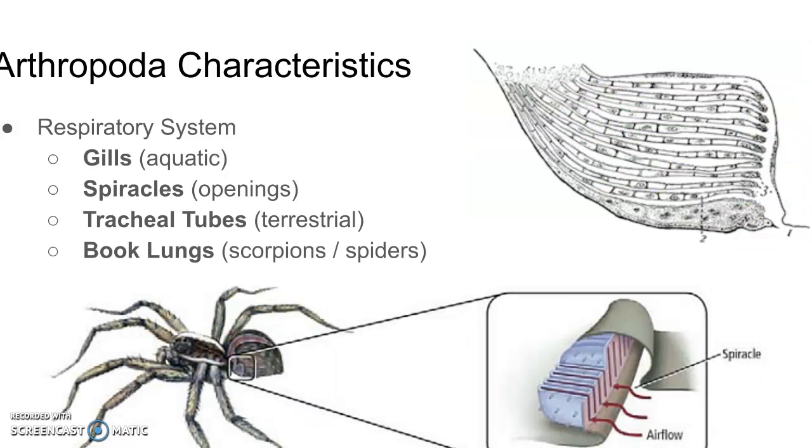There's also book lungs. And scorpions and spiders don't have tracheal tubes, they have book lungs.